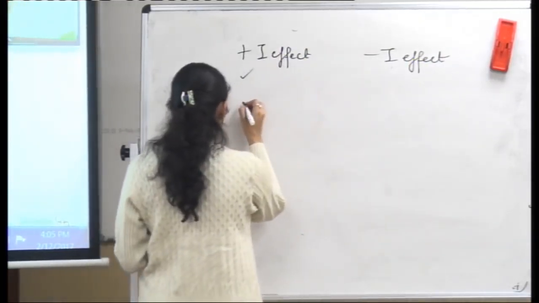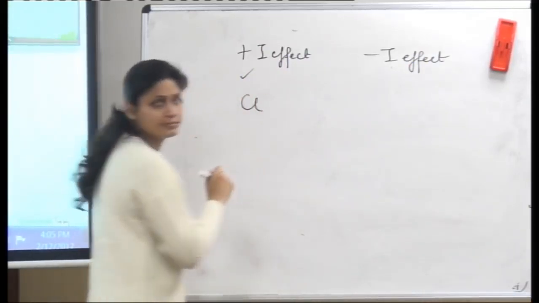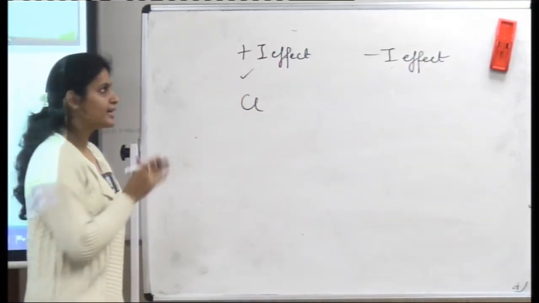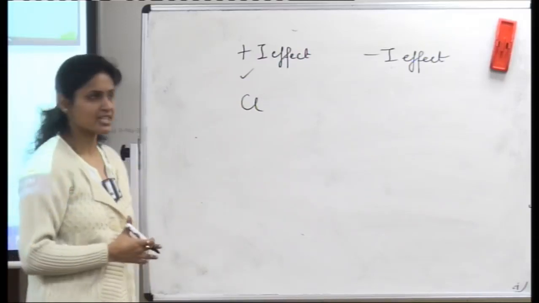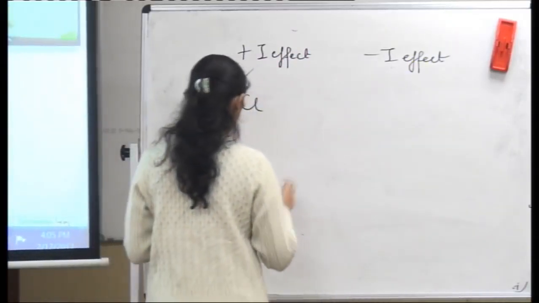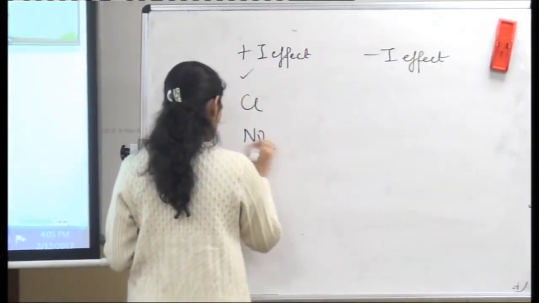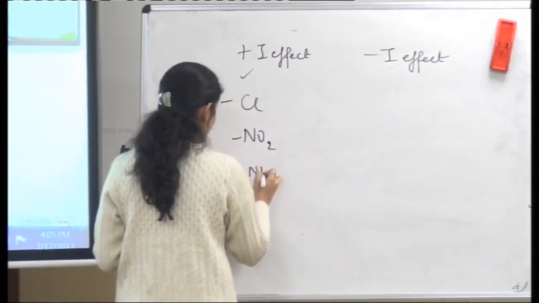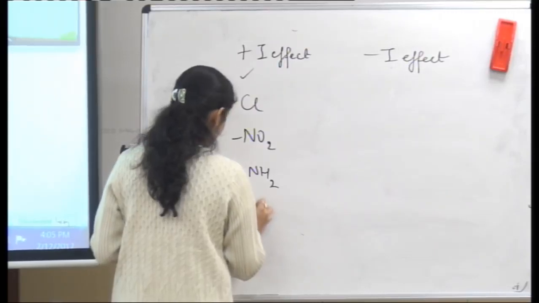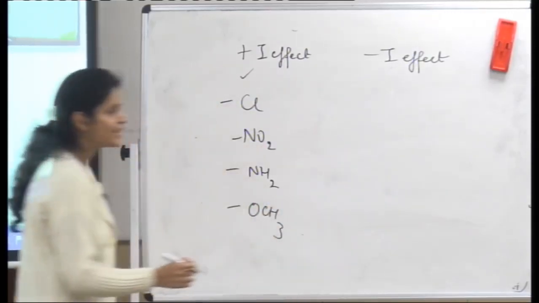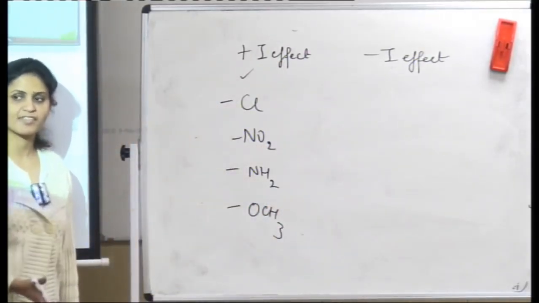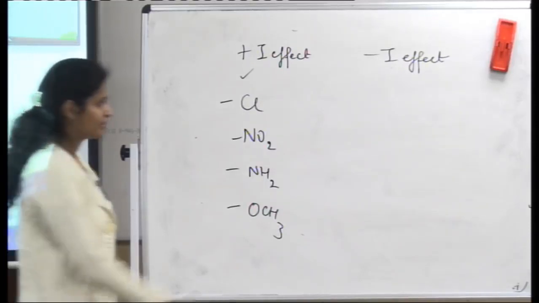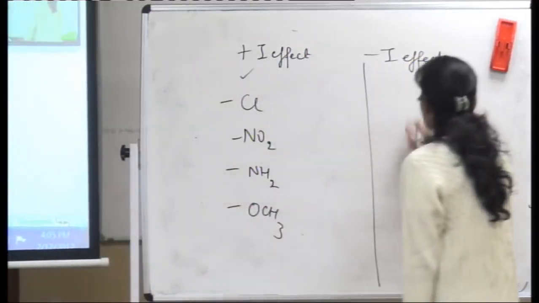Suppose I am talking about chlorine, right? Does it show plus I effect or minus I effect? What about nitro group? What about amino group? And what about methoxy group? What kind of I effect they show? Plus I effect or minus I effect? Here we can discuss ortho effect now.